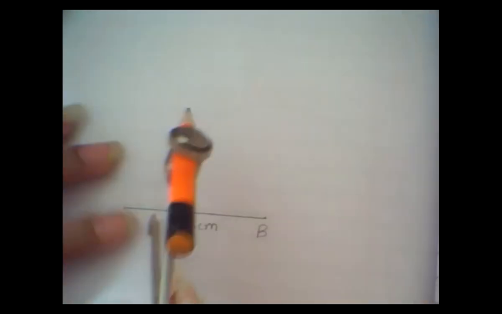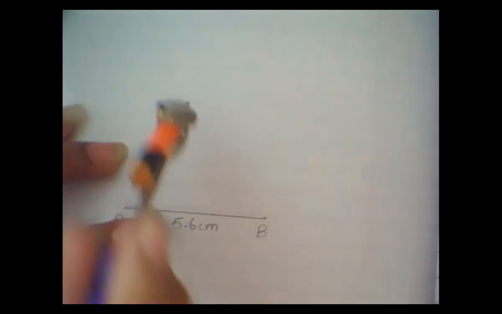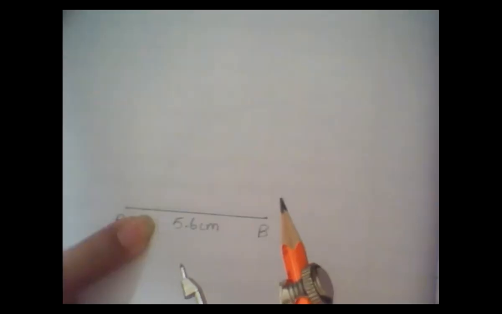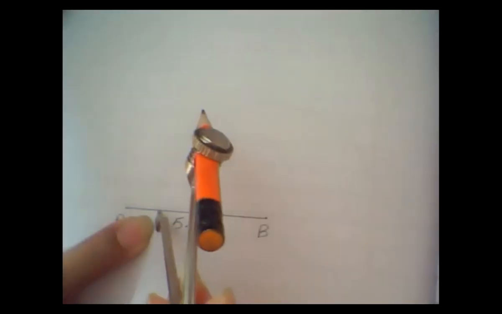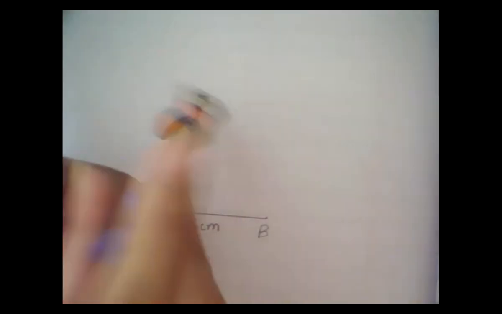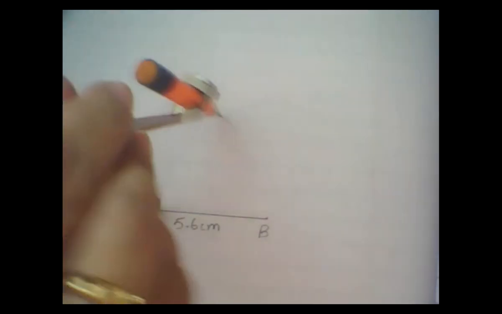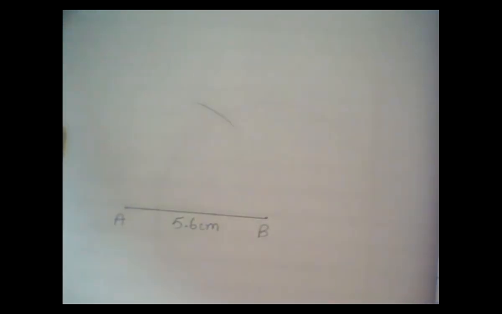Now put the compass on this point where the semicircle meets AB, and make the first arc like this.